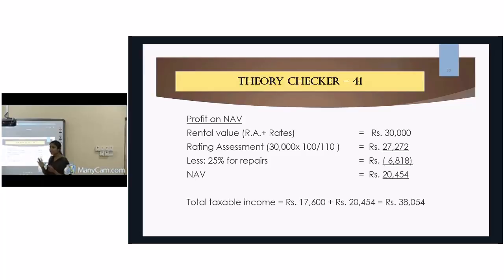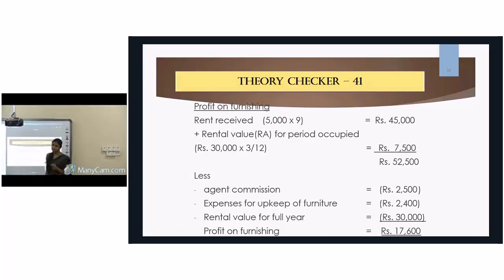That means we cannot purely give it to the tenant. So when we calculate the furnishing benefit, we consider the rent receipt, because for 9 months it is let out and for 3 months the owner is going to use it. So in the furnishing benefit, we are going to amalgamate whatever rent is received.